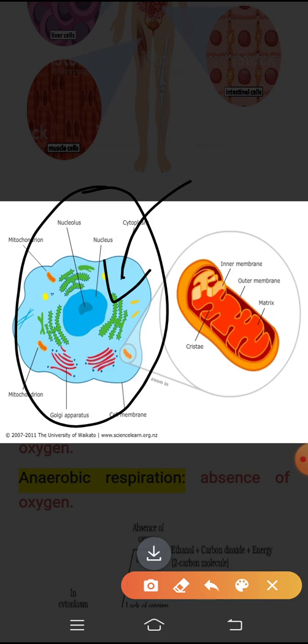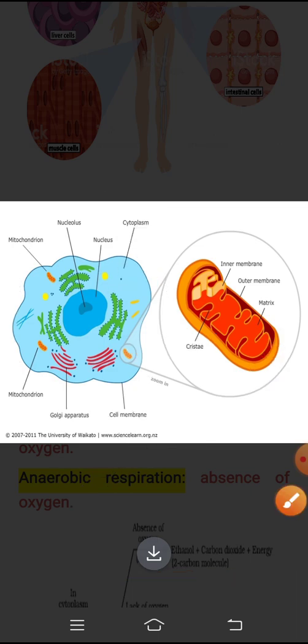There are so many cell organelles. And this oxygen finally reaches the mitochondria. Why it reaches the mitochondria, I'll explain in detail again. What happens inside the mitochondria is that cellular respiration takes place.